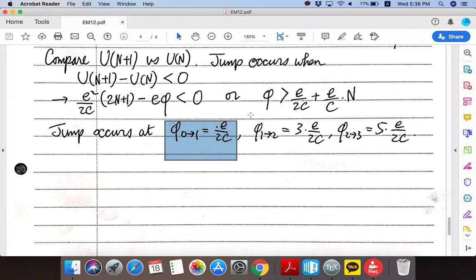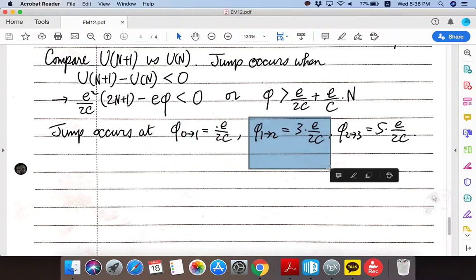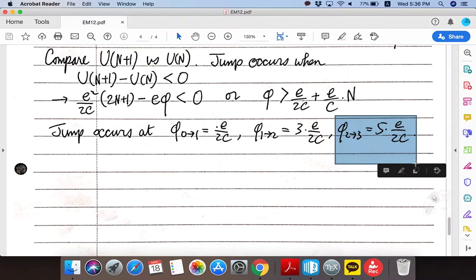Similarly, the quantum dot would rather have 2 electrons than 1 electron when the potential exceeds this threshold value, and the transition from 2 electrons occupied to 3 electrons occupied will take place at this threshold value of the potential.